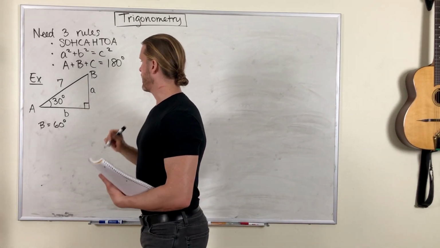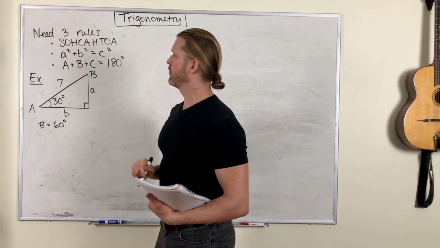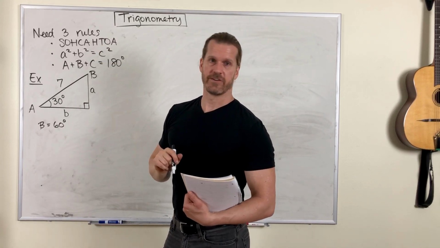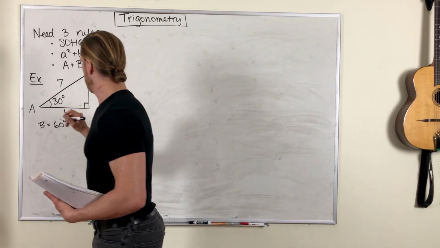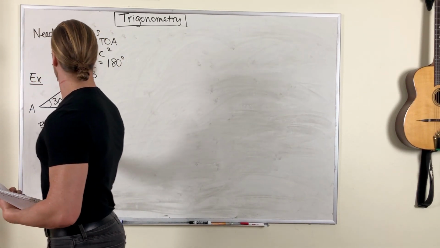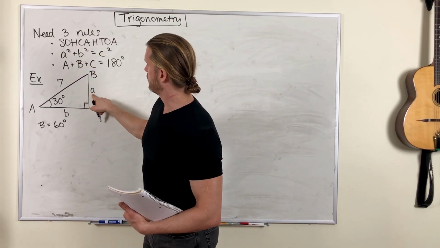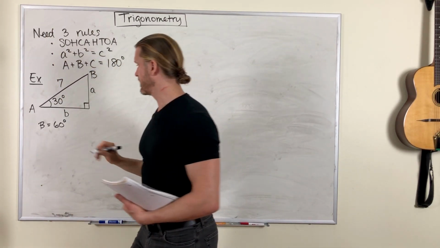Now let's find these sides. And we can use our trig relationships. So recall that sine is opposite over hypotenuse, and this side, little a, is opposite to that 30-degree angle.